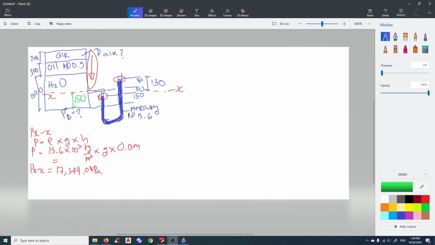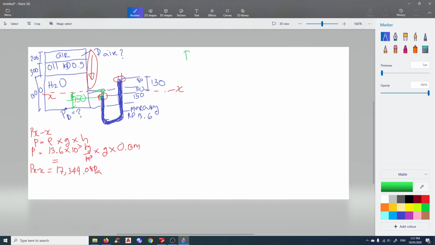Pardon me, not from the entry, from this point here is 150. Because this is how much water has managed to push the mercury down. So from this point to the bottom of the tank is 150.